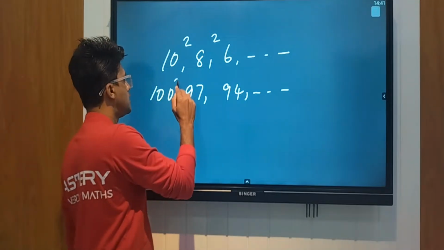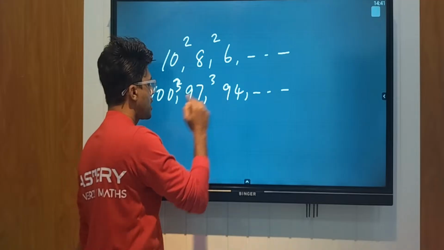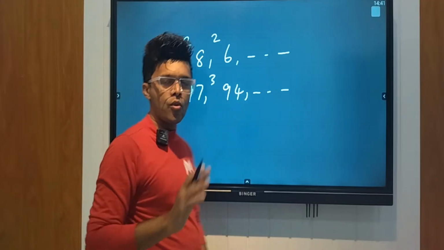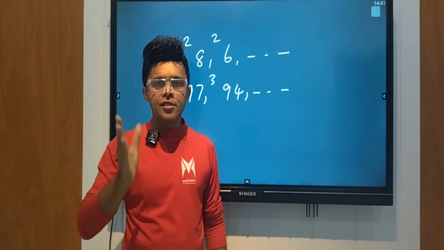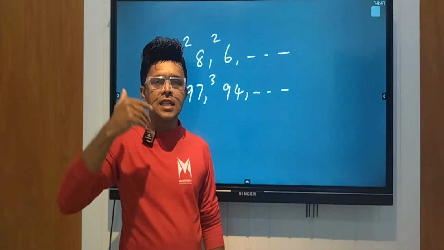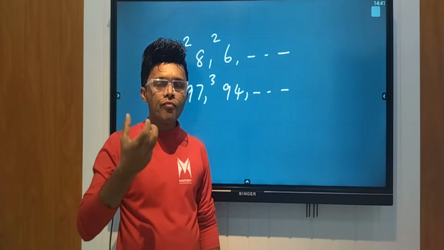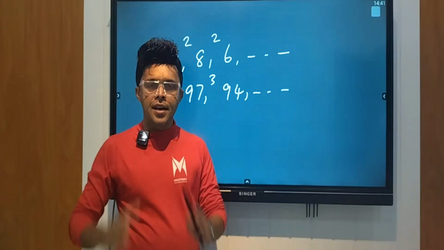And then here, 100 minus 3 is 97, 97 minus 3 is 94, and so on. These types of relations can be identified as number patterns.